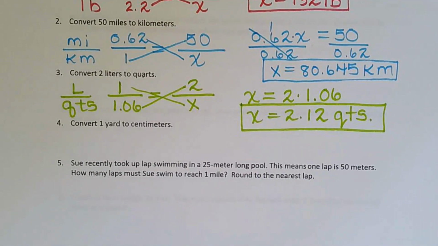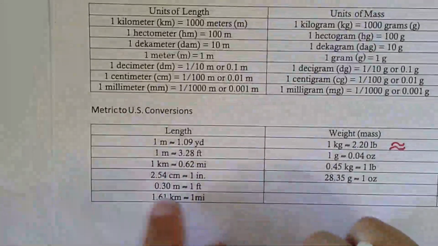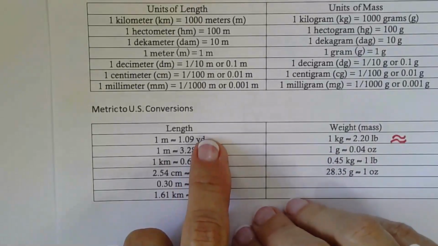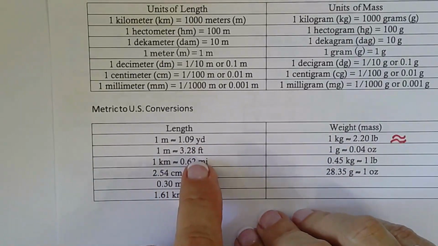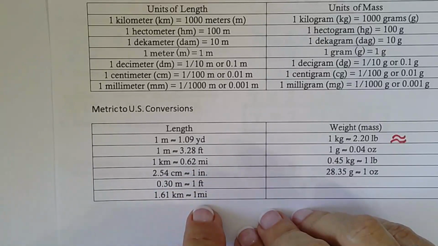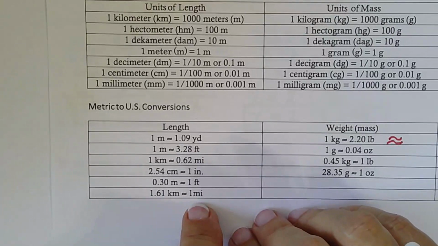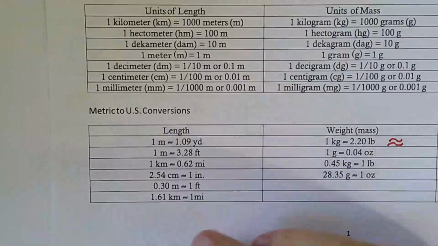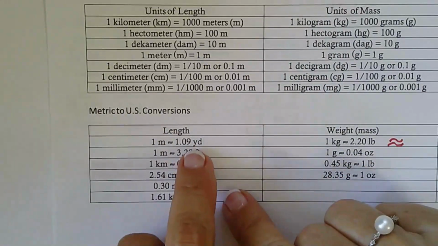Okay, next we have yards to centimeters. That's length. So I go, yard to meters. And I go, whoa, this isn't working. I don't have a yard to centimeters. So is that the same thing you guys did when you were doing it? So what does that mean?